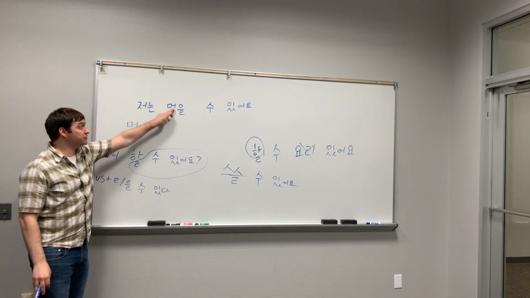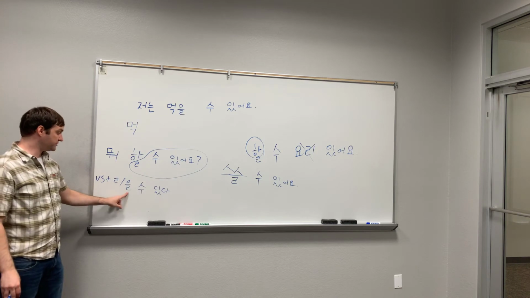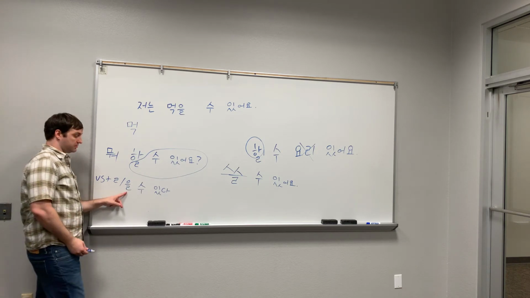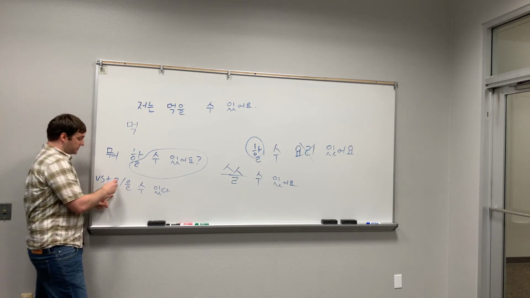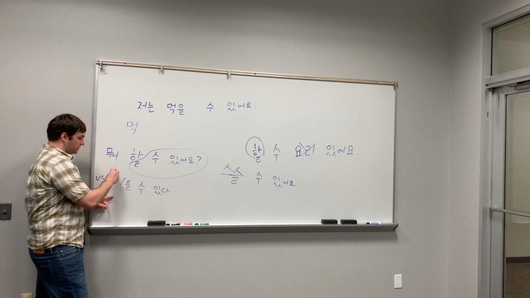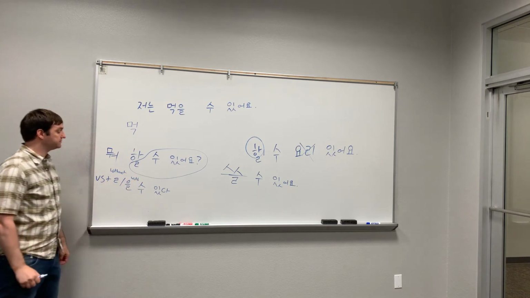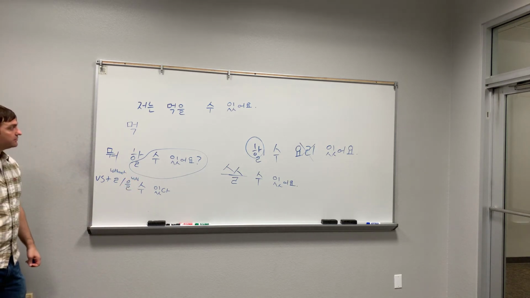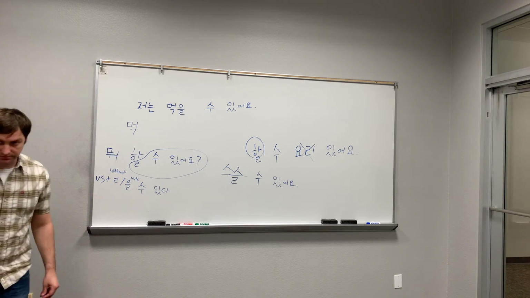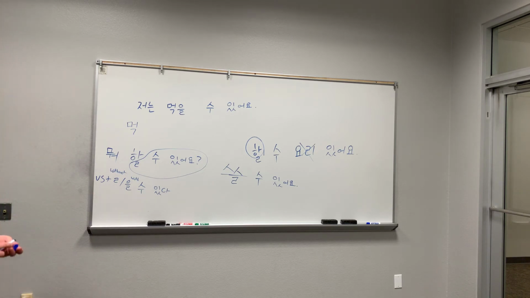Yes, because this has a patchim here, so we use our one with. Okay. We use this one. So this is without. Okay. And this one is with. Okay. 저는 먹을 수 있어요. So I can eat? I can eat.